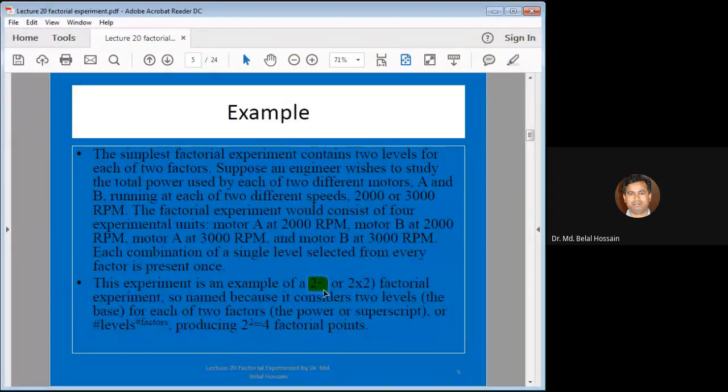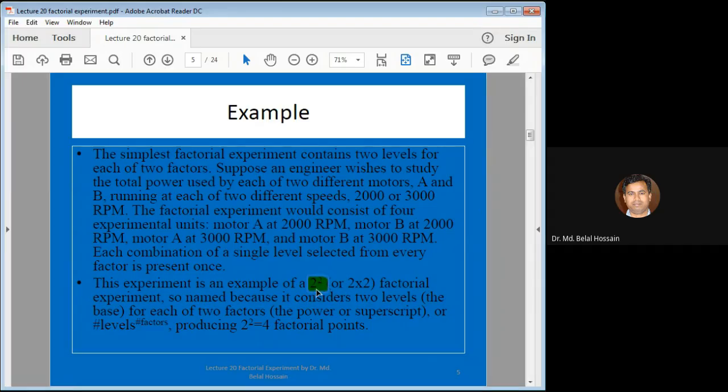So 2, the power is the factor. Okay, and the 2 in the base, that is the labels. Okay, so 2 factors has 2 labels, so it will have 2 to the power 2, 4 factorial combinations. Okay, label combinations. 2 to the power 2 means 2 factors with 2 labels.